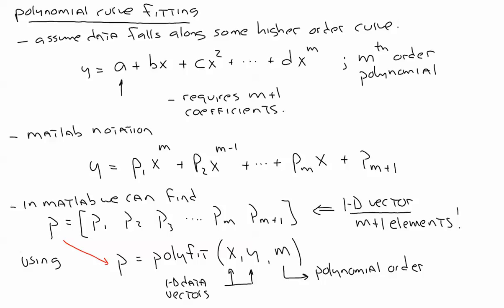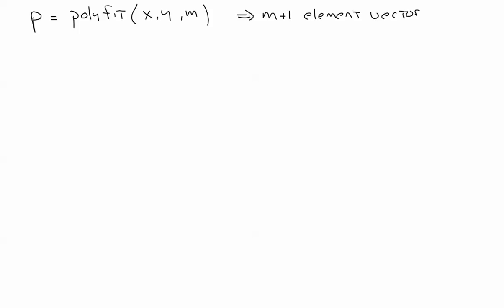Let me remind you: P equals polyfit(x, y, m) yields an m plus 1 element vector.